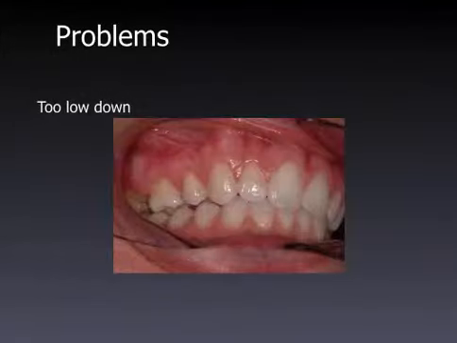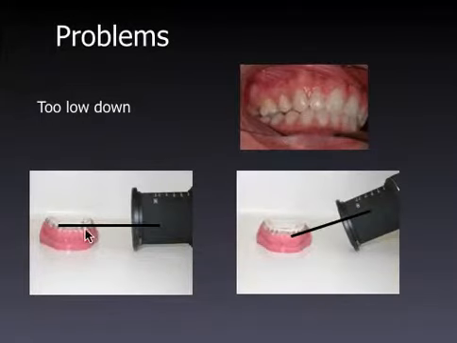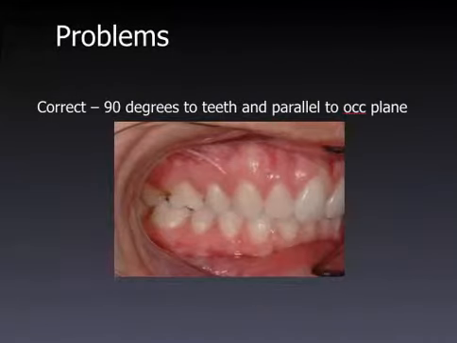Once we've achieved that, we don't want to be looking up or down, as can be seen here. We need to be parallel with the occlusal plane, not like this. So this sort of photo would be perfectly acceptable.